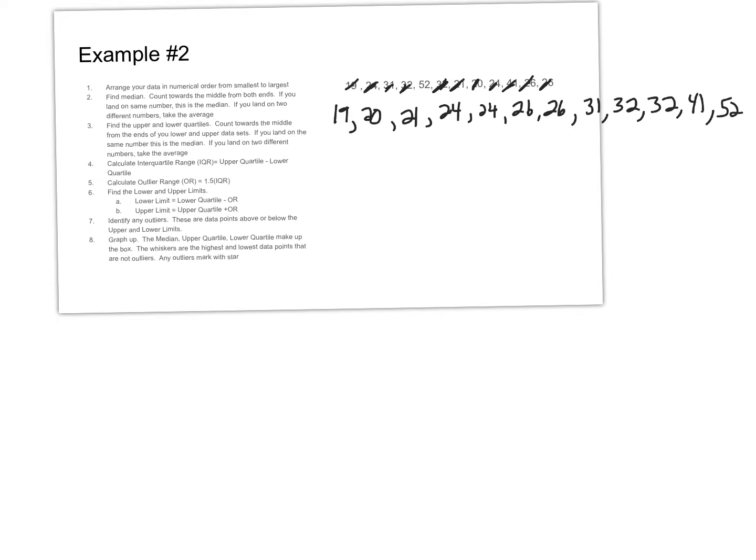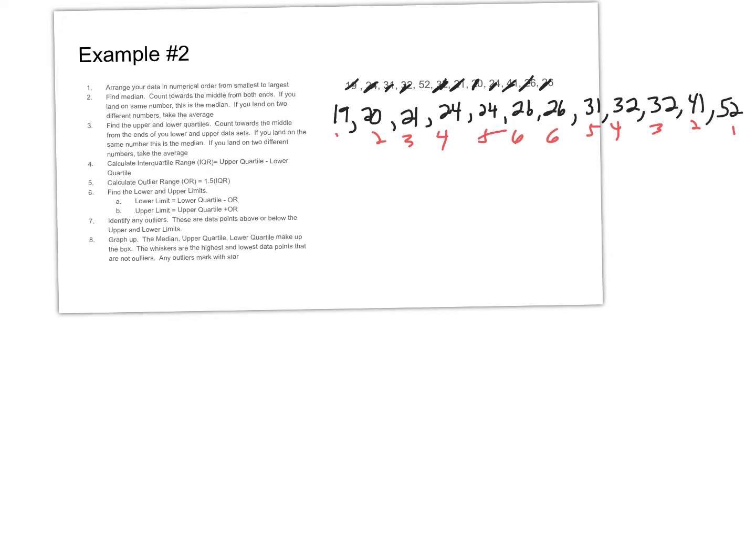All right, next thing we do, let's count towards the middle here. So we have 1, 2, 2, 3, 3, 4, 4, 5, 5, 6, 6. All right, again, I didn't land on the exact same number.